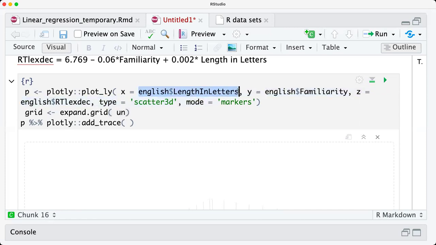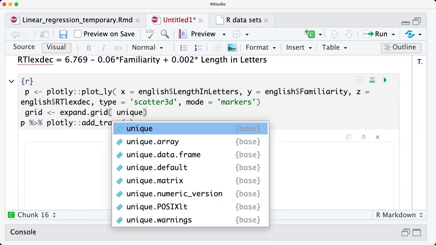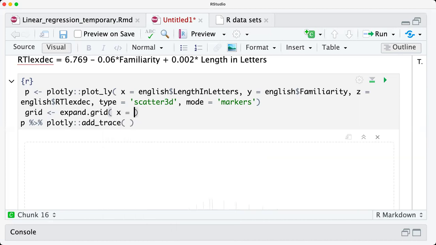We have to take the length in letters. Well, the length in letters goes from 1 to 6, let's say from 2 to 7, and for y, the familiarity, let's take the values that the familiarity has. This gives me a grid.